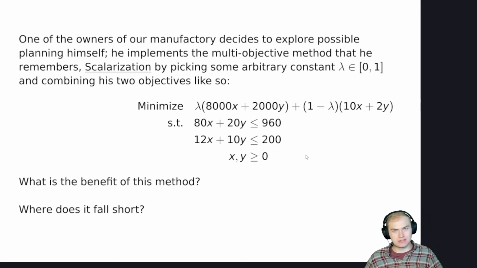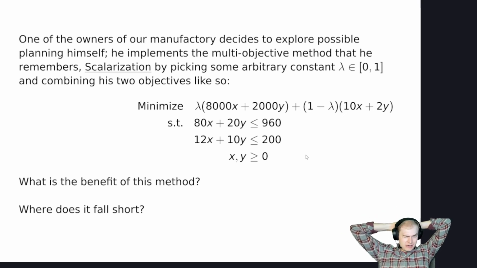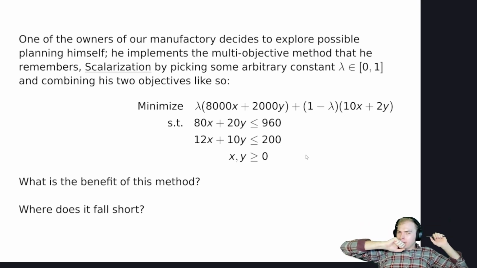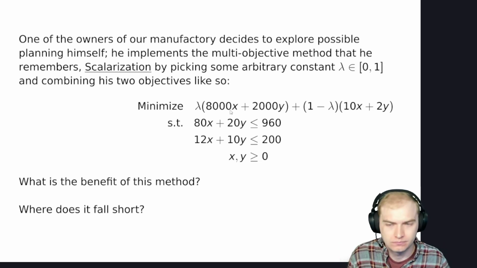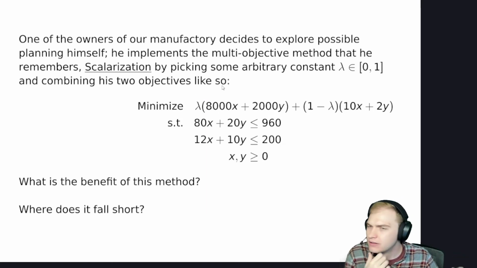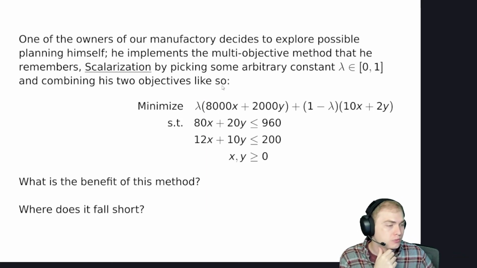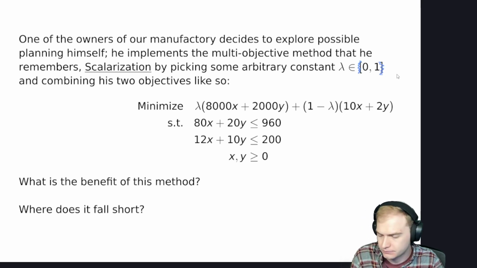So he implements the multi-objective method that he remembers from linear programming called scalarization, and he picks some constant lambda in 0 to 1 and takes a convex combination, or you don't necessarily need a convex combination.